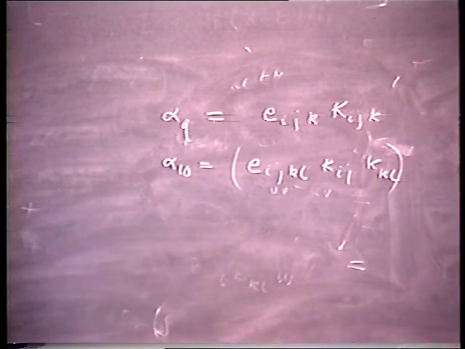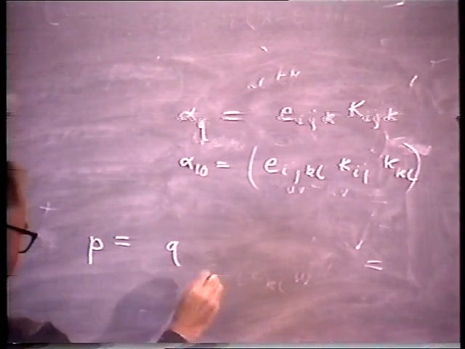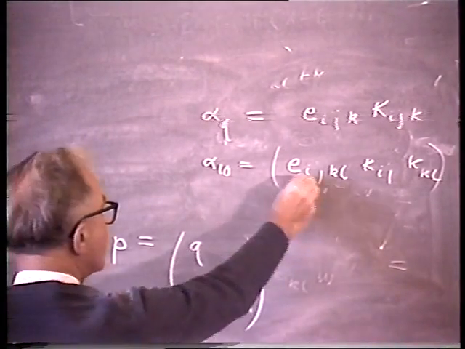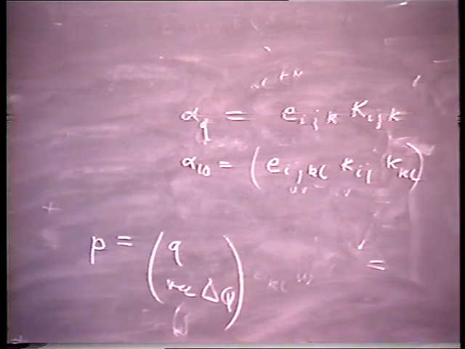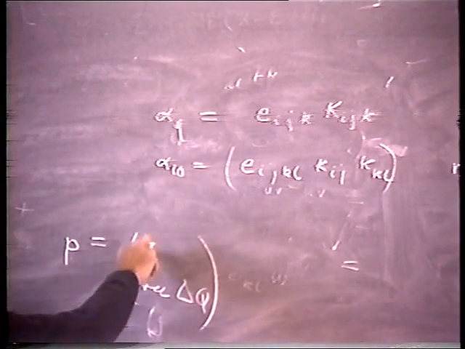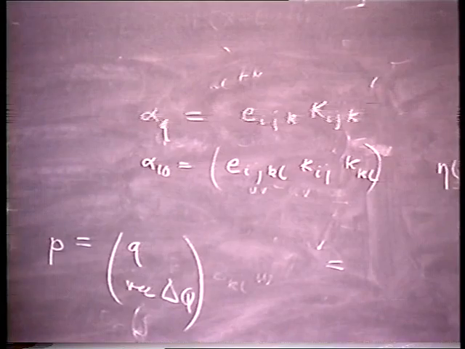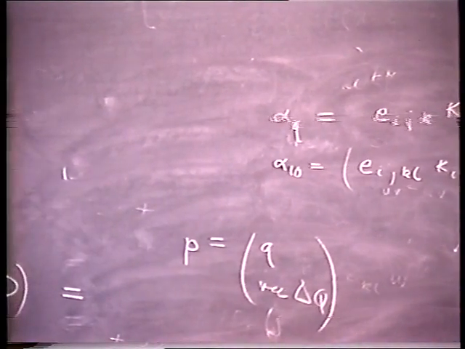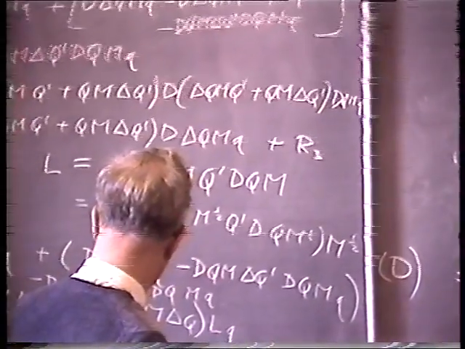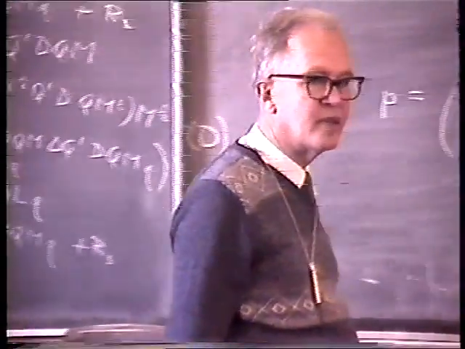Well, now what you notice is that if you think of your p vector as being made up of first of all q and then vec delta q, though the derivatives are going to be symmetric with respect to the elements of this vector, if you look at, say, the third order term here, which involves a product of a delta q with another delta q with a little q, there's no kind of symmetry there.